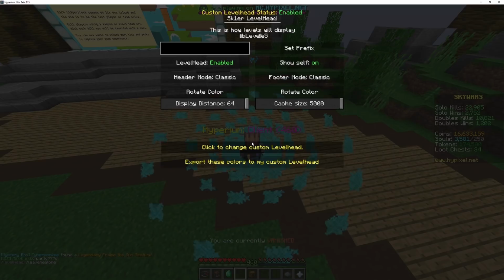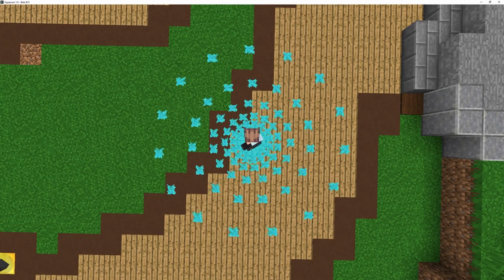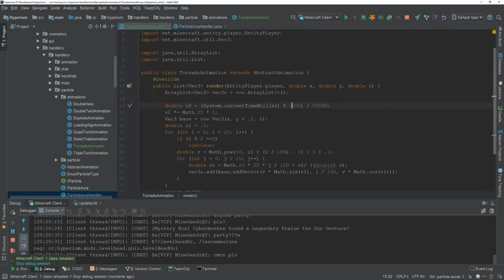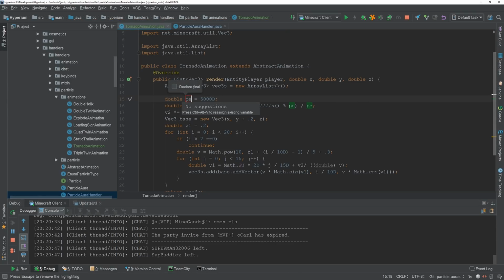I'll turn my level HUD off so you can see it. I think this is fine. We could probably get away with a little faster. So the period of this, what if we set it to like 2500?